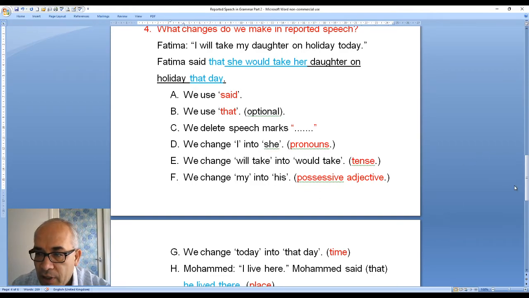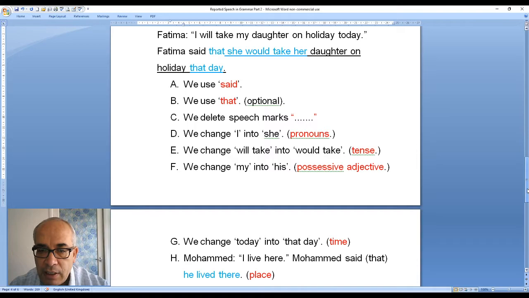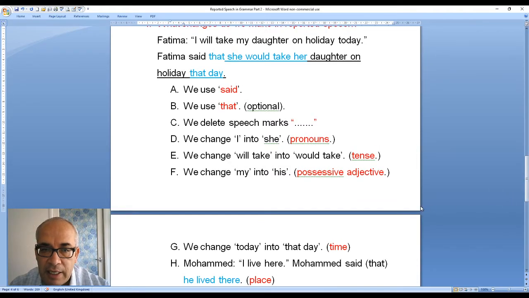So now we have got, we use said, this is one, we use that, we delete the speech marks, we change pronouns, we change tense, we change possessive adjectives, we change time, we change place. So A, B, C, D, E, F, G, H. We make 8 grammatical changes in reported speech.